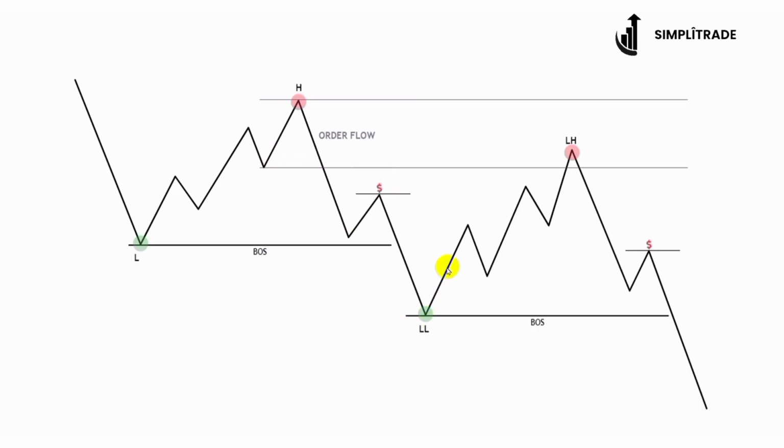So price will look forward to reach the internal range liquidity, mitigate the order flow, mitigate where the institutions manipulated traders to expect and think that the market will continue bullish to the upside. So now you can see that price returned to the upside, took out this buy side liquidity, this inducement, mitigated the order flow, and then we have price push further to the downside.